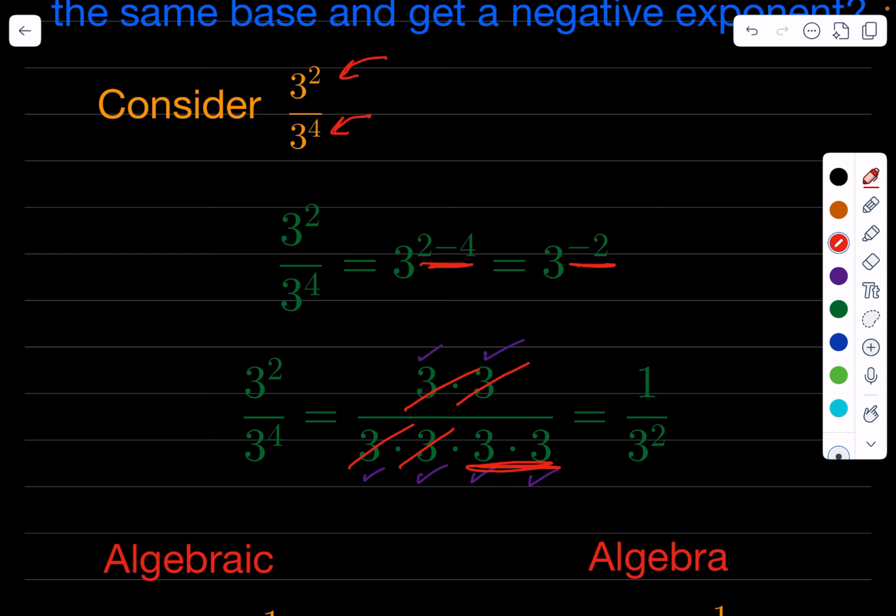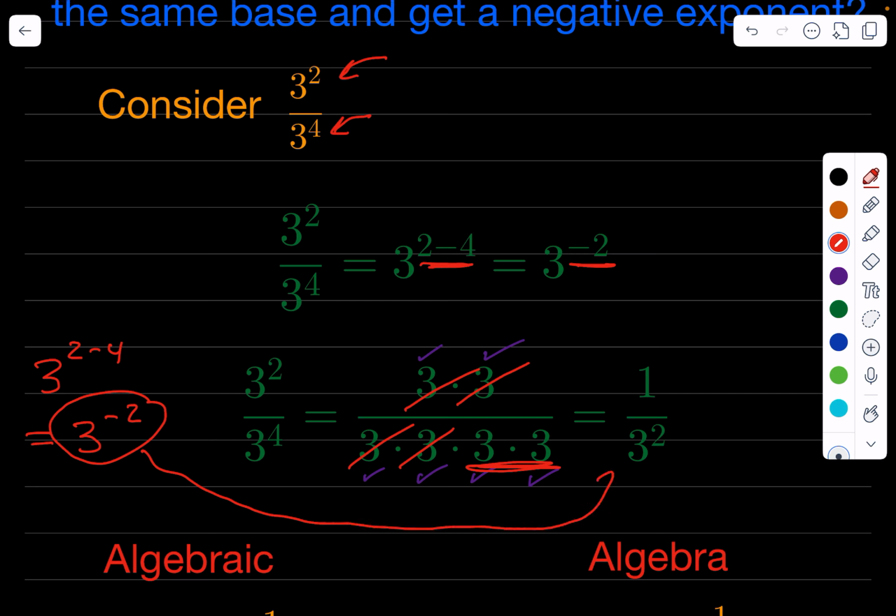So my answer is 1 over 3 to the second. If I did the actual subtraction over here off to the side, 3 to the 2 minus 4 is going to be equal to 3 to the negative 2, which looks like that. So that's an explanation of our property.